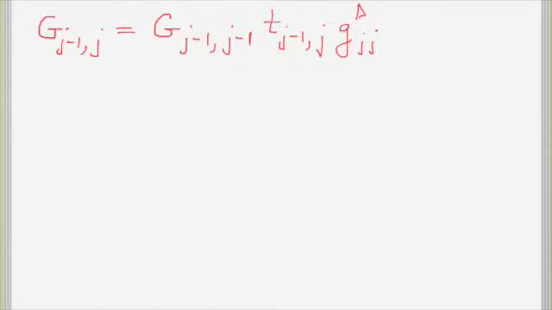And the reason I have to do it that way is that I could also write it like this: G left connected, j minus 1, j minus 1, T, j minus 1 comma j, the exact G, j, j.